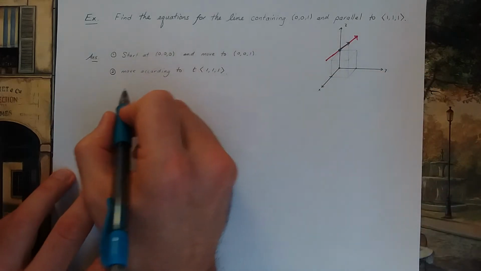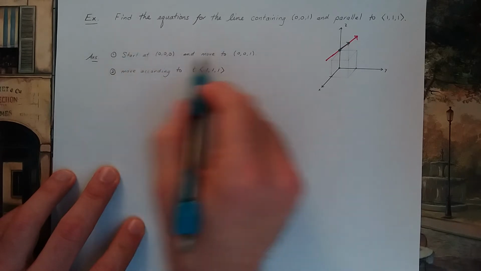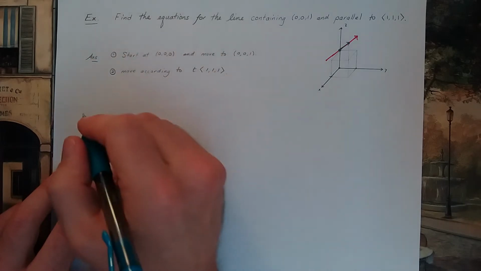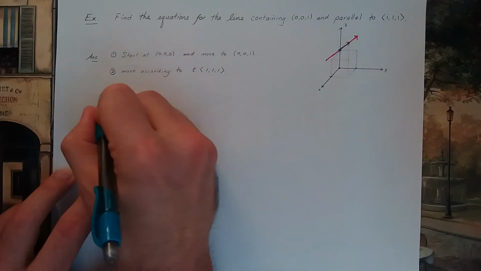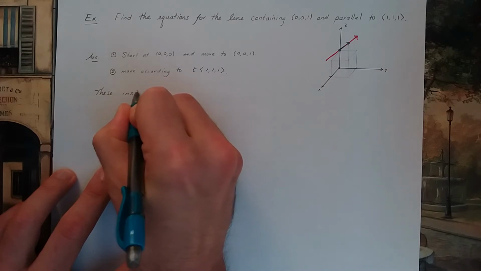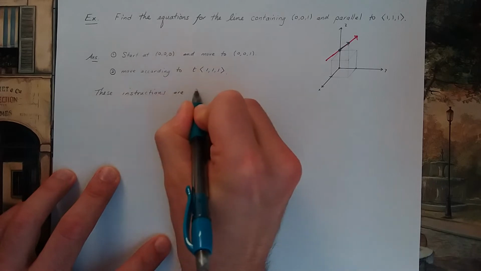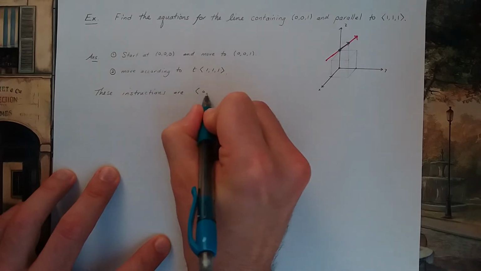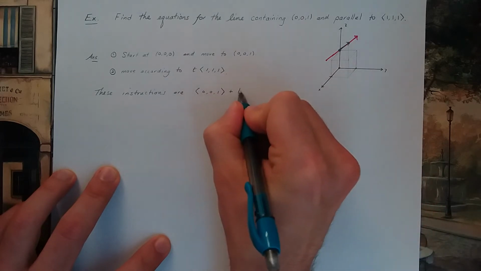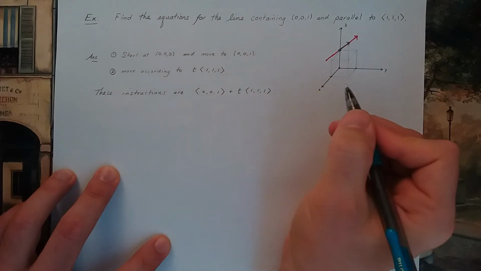Now this set of instructions, instruction 1 and instruction 2, give you the parametric equations by describing a vector. So these instructions are to move to 0, 0, 1, and then after, travel some distance parallel to the vector 1, 1, 1.